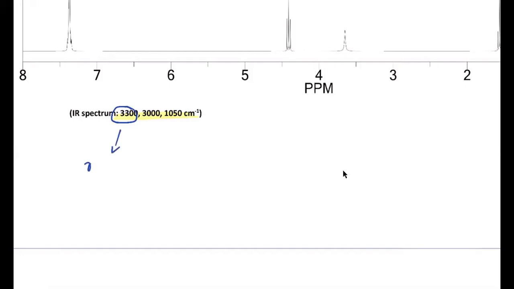That's your OH stretch. The 3,000, that's your aromatic stuff, right? And then somewhere about 2,900 or so, that's where you see your alkyl stretching, but I just didn't list it, because the alcohol is what's going to give it away. And then 1050, that's your CO single bond stretch.